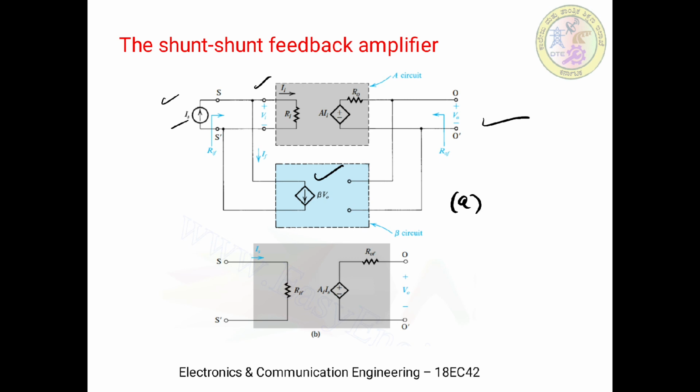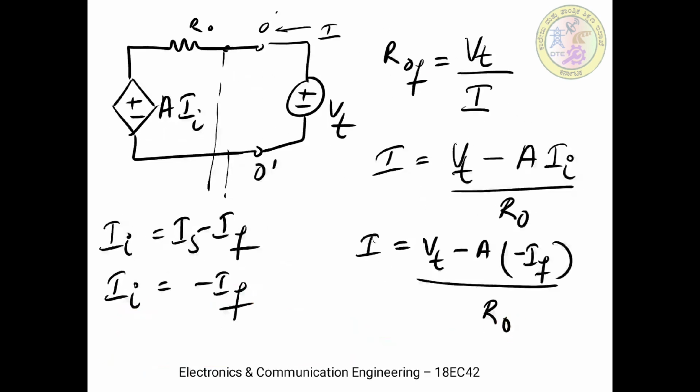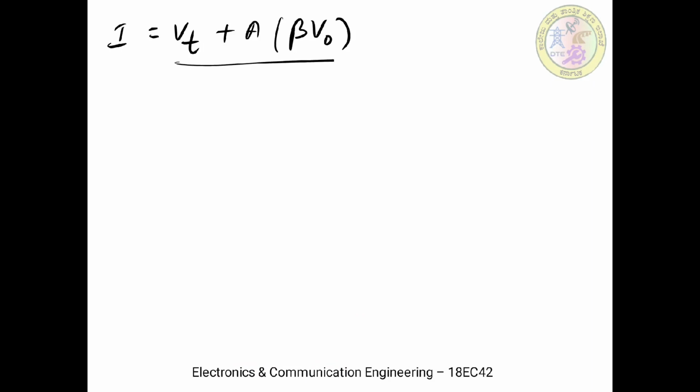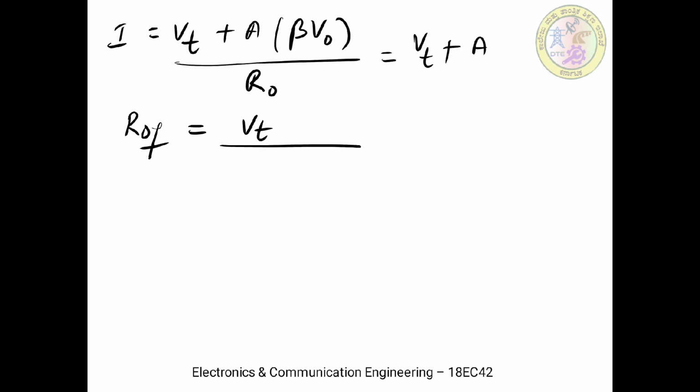So substituting that, we can now write ROF will be equal to Vt divided by I. Here the term V0 can be replaced by Vt, because we are applying the test voltage Vt.